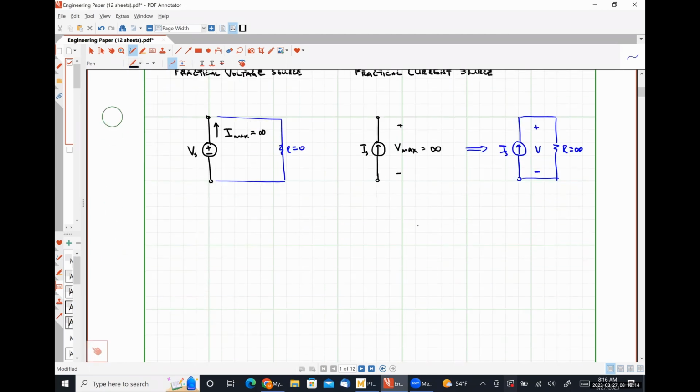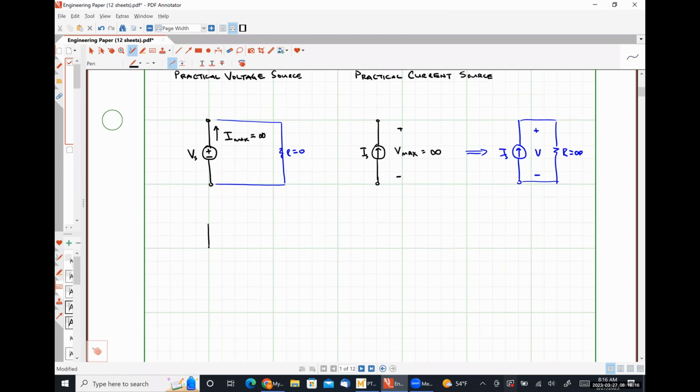So let's say that I have a practical voltage source connected to some load resistance RL, so that we measure some voltage VL across the load resistance and some current IL flowing through the load resistance.